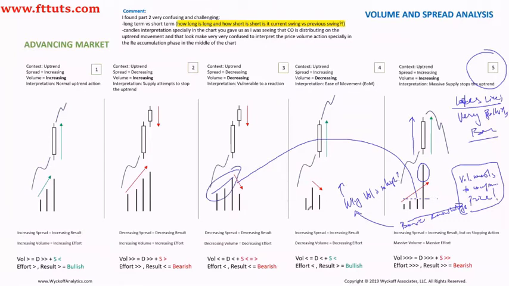So a high volume signature. And then it went up maybe, what, times 3, times 4? Can you imagine the size of the effort that has come? And we're starting to question, is this all demand that comes at this point?